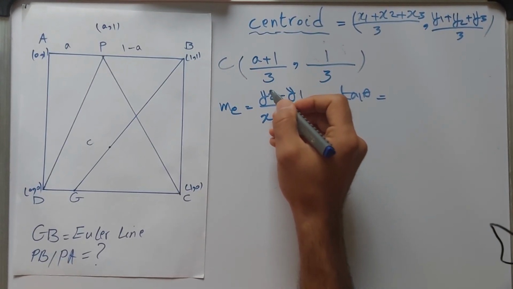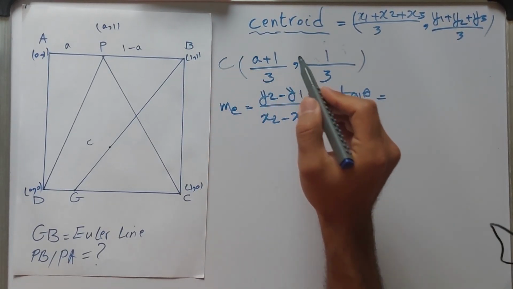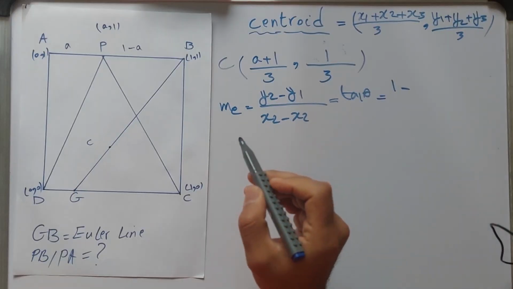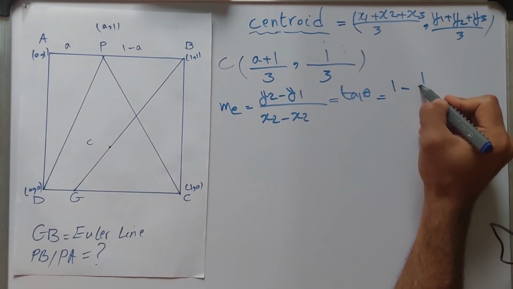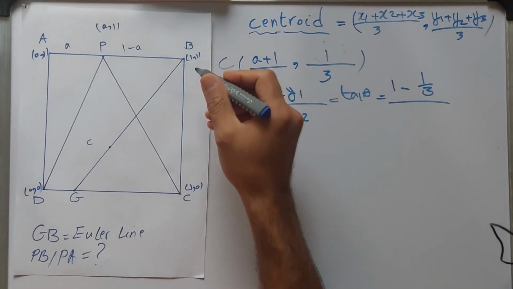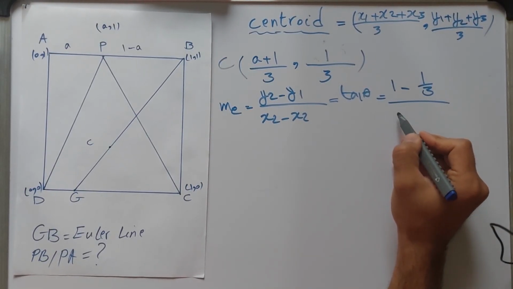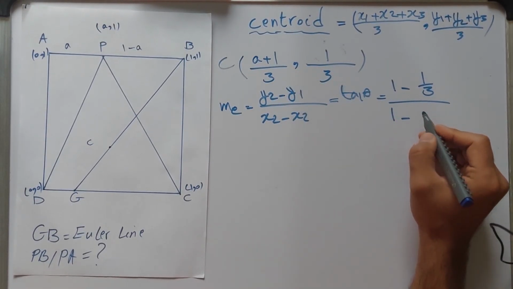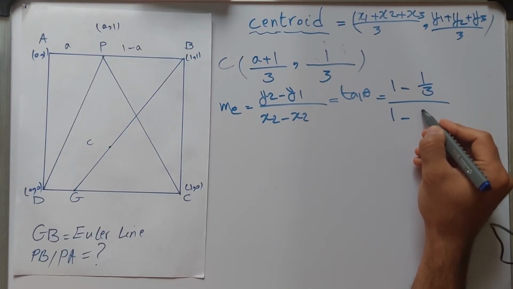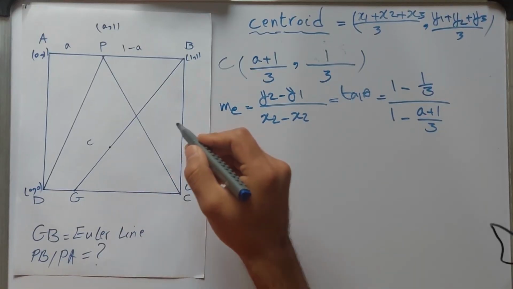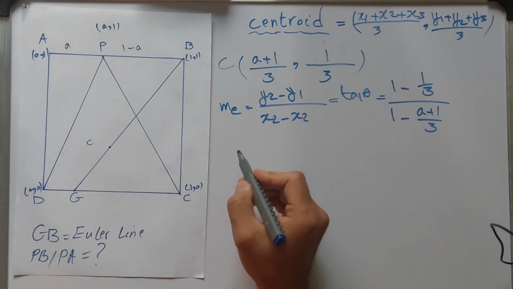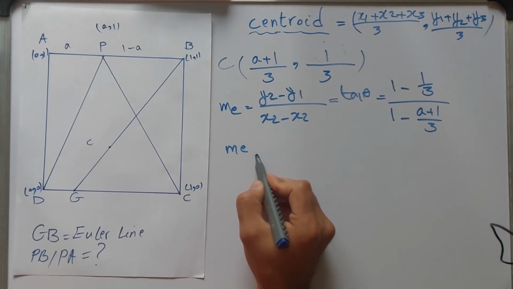So we can say that y sub 2, so that's the second point here, that's 1 minus y sub 1, so that's 1 minus 1/3, over x sub 2, so that's again 1 minus x sub 1, that's a plus 1 over 3. So that's the slope of this Euler line using the first method. Let's just simplify the fraction.